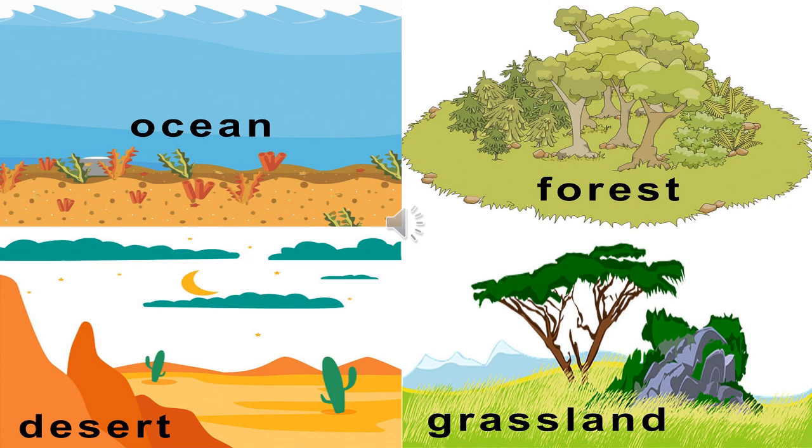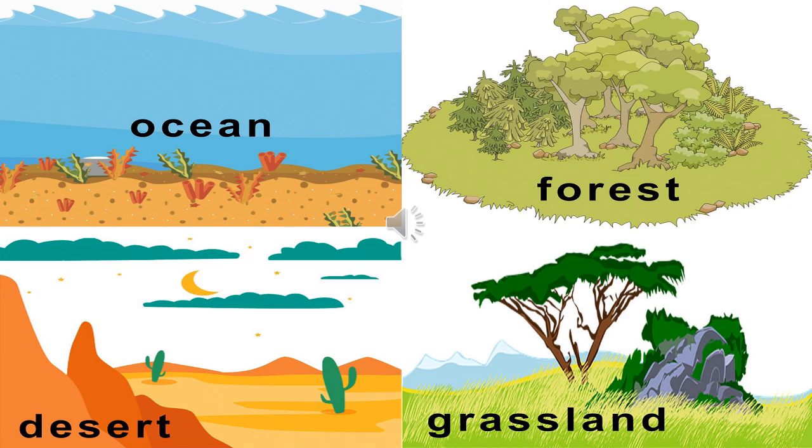If a wide variety of plants and animals live in a particular habitat, a particular area or place, then it is known as biodiversity. So habitat means the area in which animals, plants or microorganisms live, and biodiversity means a wide variety of plants and animals living in that habitat.